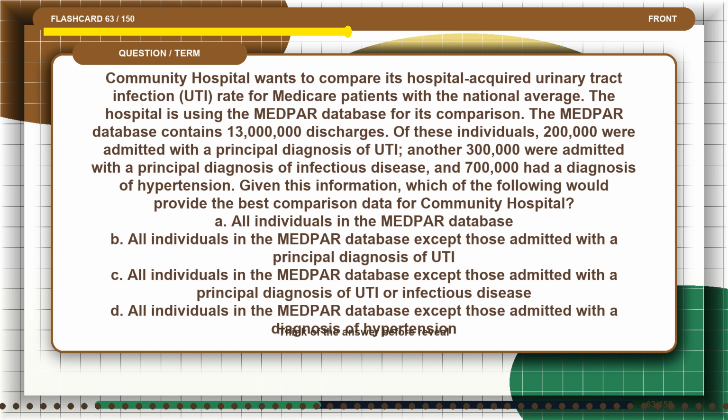Given this information, which of the following would provide the best comparison data for community hospital? A. All individuals in the MedPAR database. B. All individuals in the MedPAR database except those admitted with a principal diagnosis of UTI. C. All individuals in the MedPAR database except those admitted with a principal diagnosis of UTI or infectious disease. D. All individuals in the MedPAR database except those admitted with a diagnosis of hypertension. Think of the answer before the reveal.